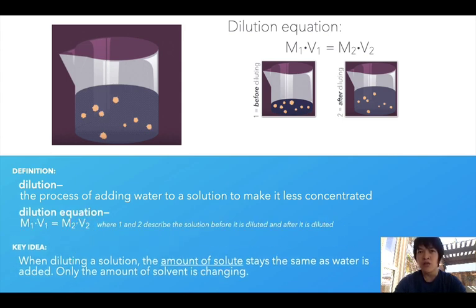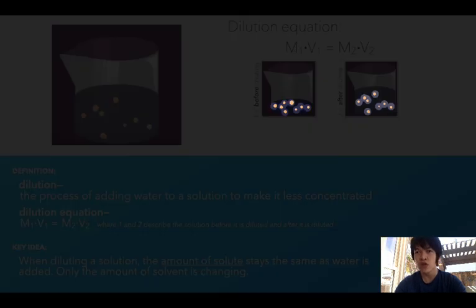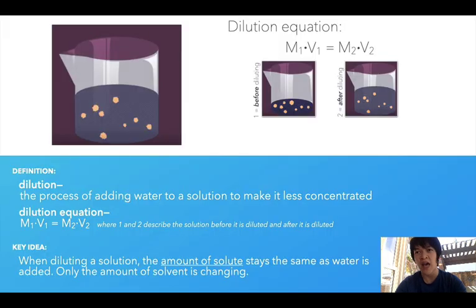The reason this equation works is because if we break it down, it'll demonstrate how the amount of solute molecules should stay the same before and after dilution. M1 is molarity, which can be represented by moles over liters. V1 represents volume, which can be represented by liters. Liters and liters cancel out.